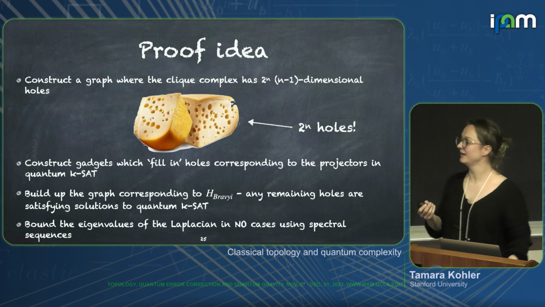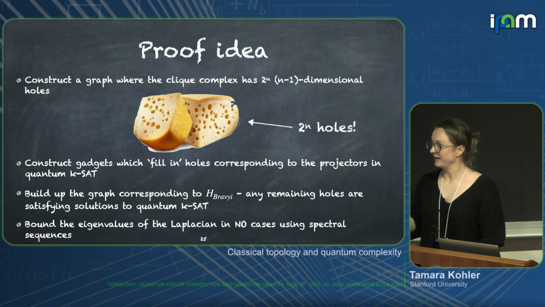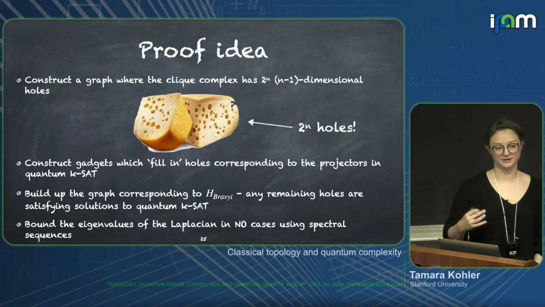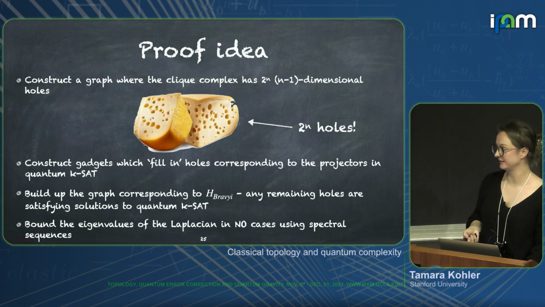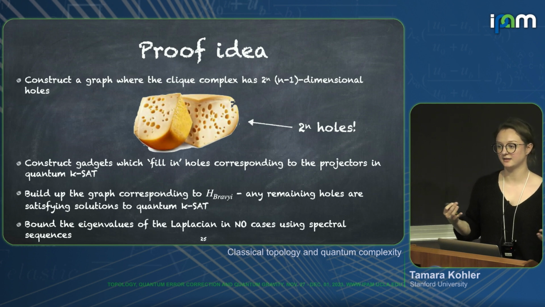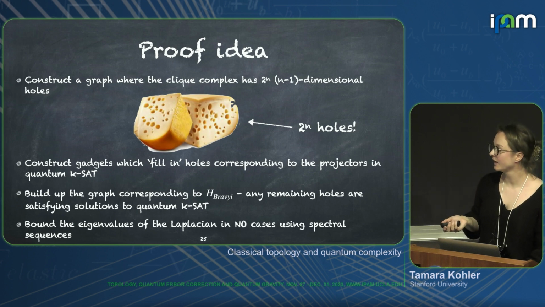What this means is that at the end, any remaining holes in the clique complex of my graph are going to correspond to satisfying solutions to the quantum K-SAT instance. And if there are no satisfying solutions to the quantum K-SAT instance, there are no holes in my graph.